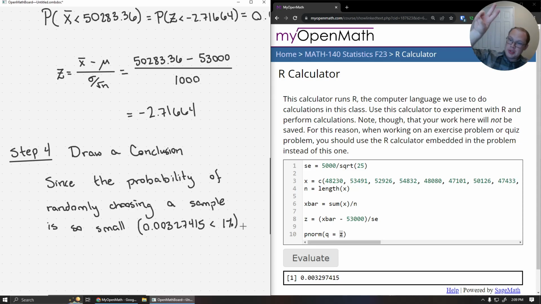We have two options here, right? We could either say, gee whiz, we're super lucky. We got this really unlikely thing happen. Or we could say, this is so unlikely, I don't think I could possibly be that lucky. I think the better explanation is that the claim, the hypothesis, is actually not true.